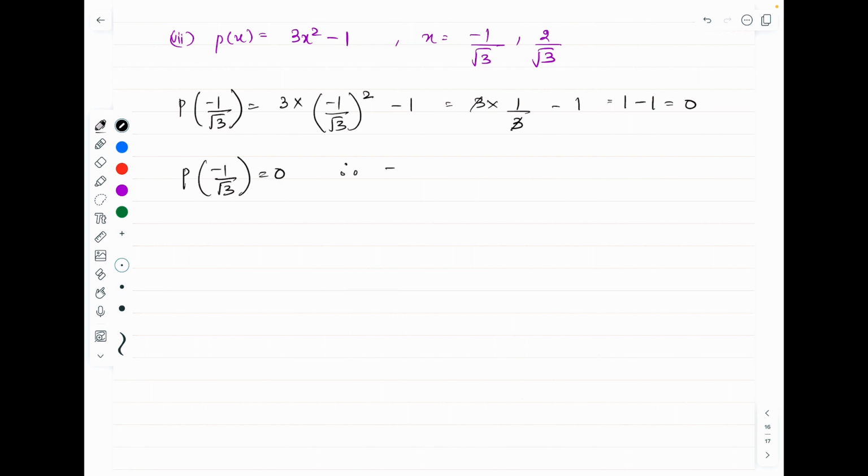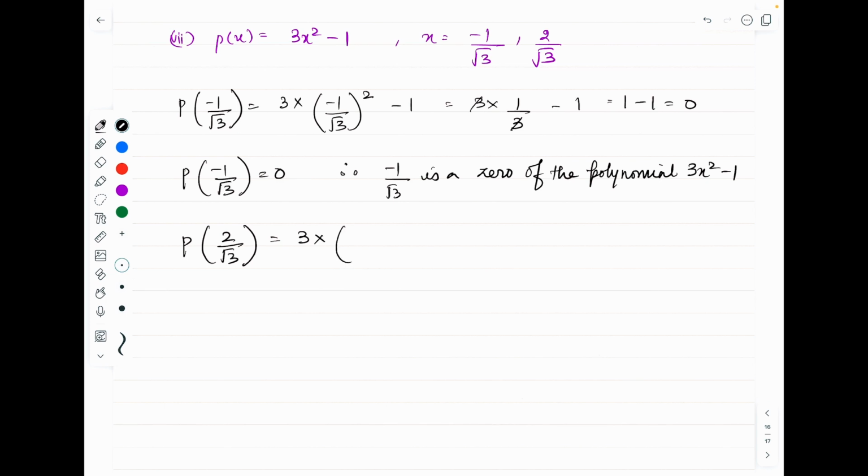Therefore minus 1 by root 3 is a 0 of the polynomial 3x square minus 1. Now the second part, P of 2 by root 3, we have to find. So 3 into 2 by root 3 squared, minus 1.